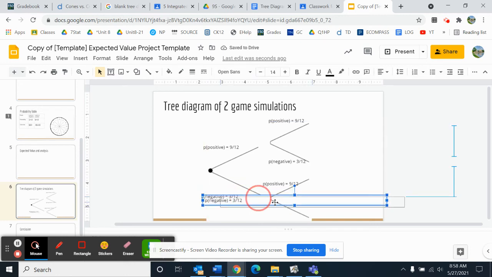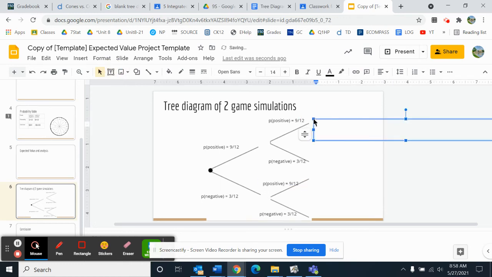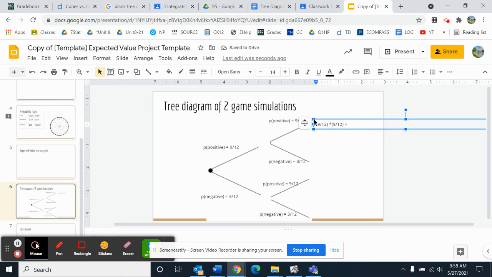And so this would complete the branches, but then we also want to consider what is the total probability of each scenario. Well, 9/12 times 9/12 is the probability of both of the spins being positive.